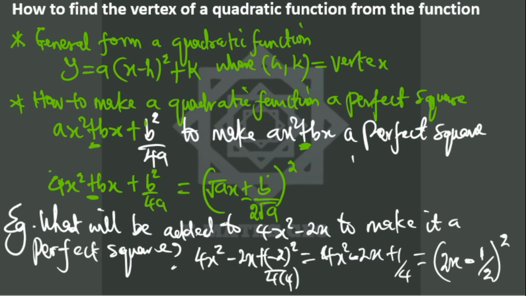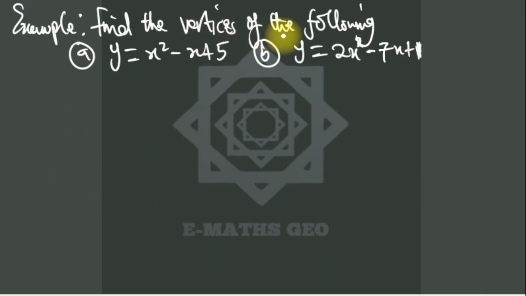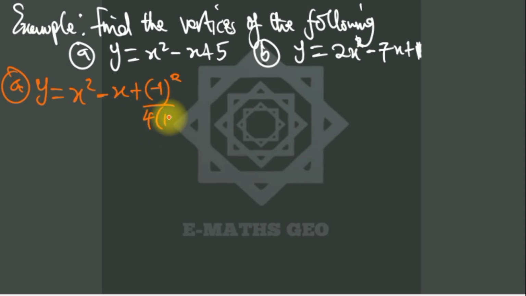So let's look at the actual question now. We're asked to find the vertices of the following. So the first one, we need to add, because I want to make x squared minus x a perfect square, so I'll add minus 1, because my b is minus 1 here, all squared over 4 times 1.